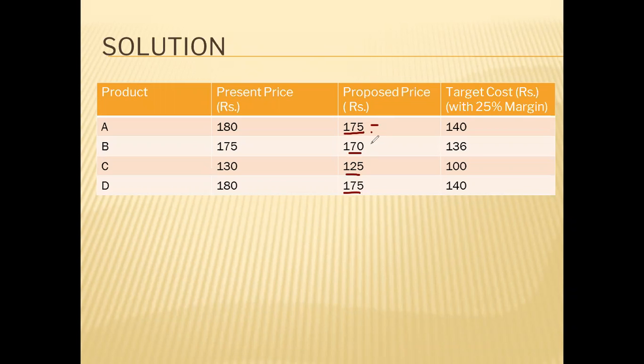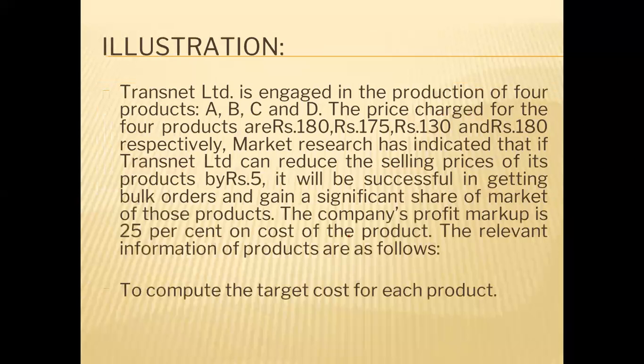From this, if we reduce the profit percentage, we will get the target cost. So what percentage should you reduce from this target selling price? If you want, you can refer to the question. What should be the profit margin which you should reduce from the selling price? 25% or some other percentage?